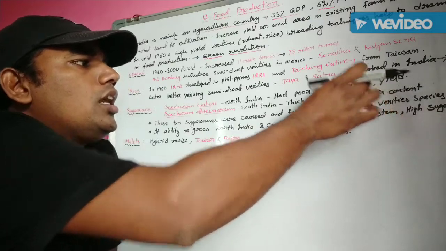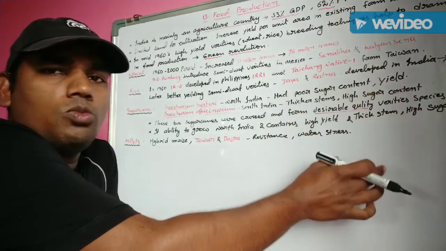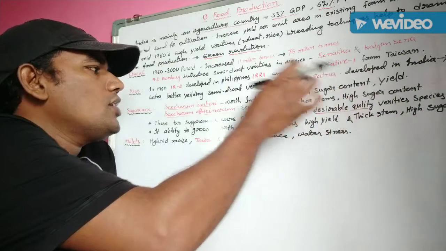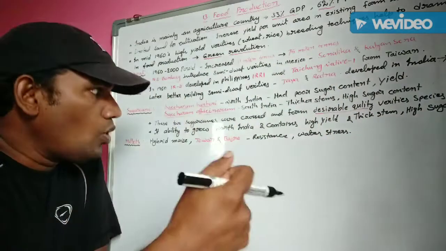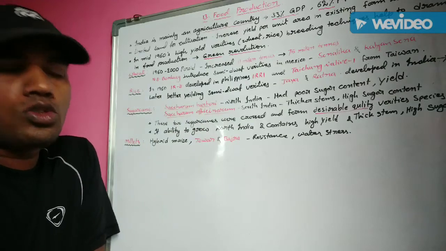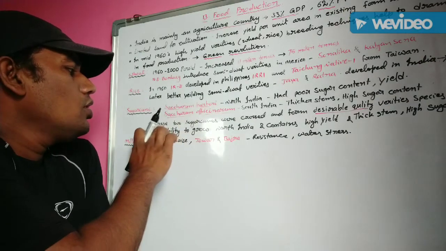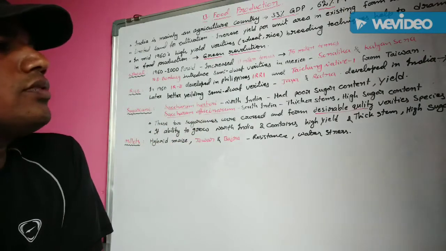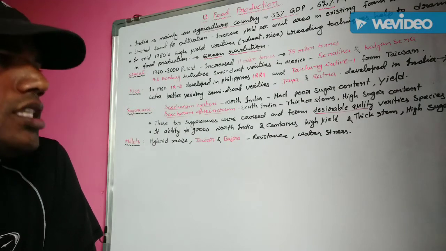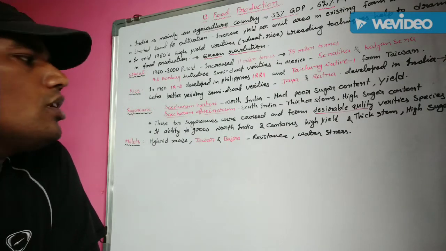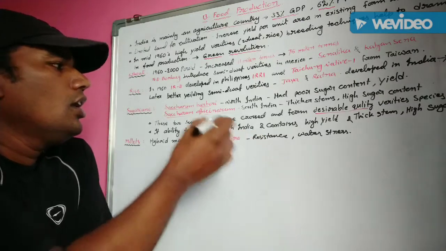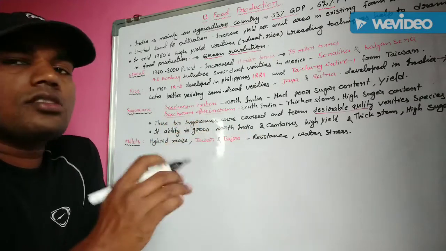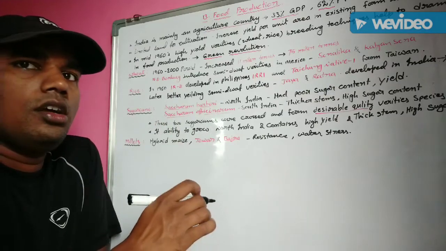High sugar content and thicker stems are desirable qualities, and these are inserted into Saccharum barberi, so it can be grown in North India. So these two sugarcanes were crossed and a desirable quality variety was developed. It has the ability to grow in North India, whereas Saccharum officinarum is not growing in North India.